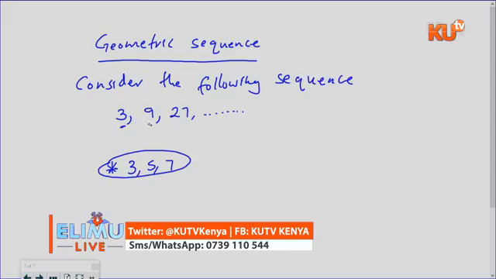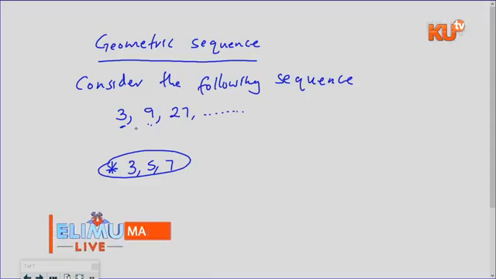The difference between these two is 6. If you look at the second and the third, the difference is not 6 again. It is now 18. And so you find that you cannot tell that this sequence has a common difference. Rather, there has to be a different rule that we adopt to be able to conclude whether it is the common difference or something else that I want us to discuss.